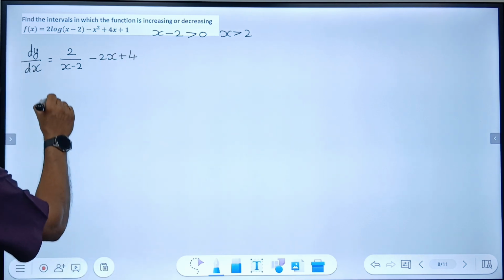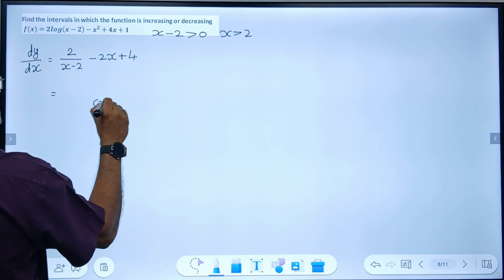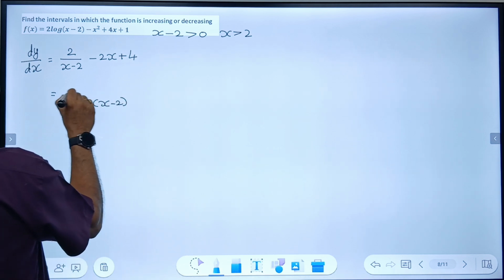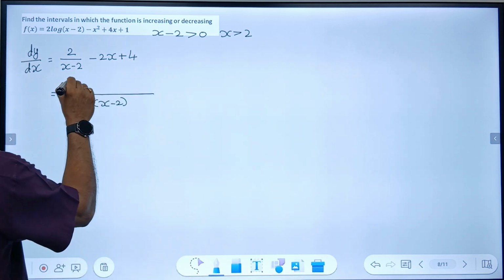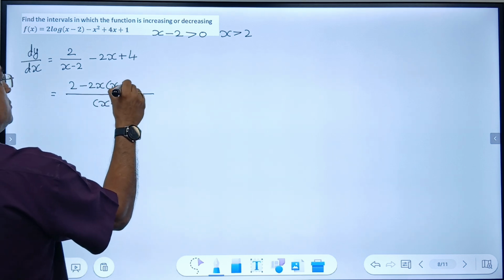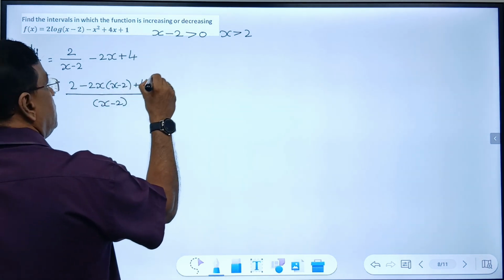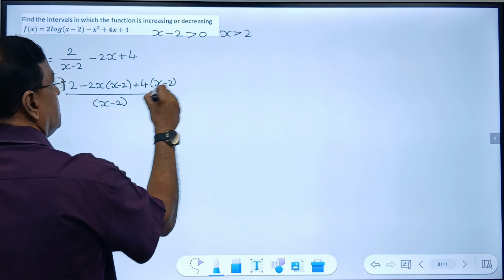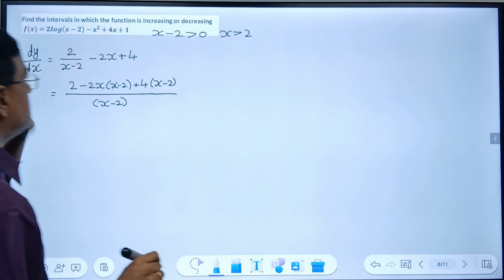Okay. Now take LCM. What is LCM? LCM is x minus 2, and the numerator will be 2 times minus 2x into (x minus 2) plus 4 into (x minus 2). I'm just taking LCM, nothing else.